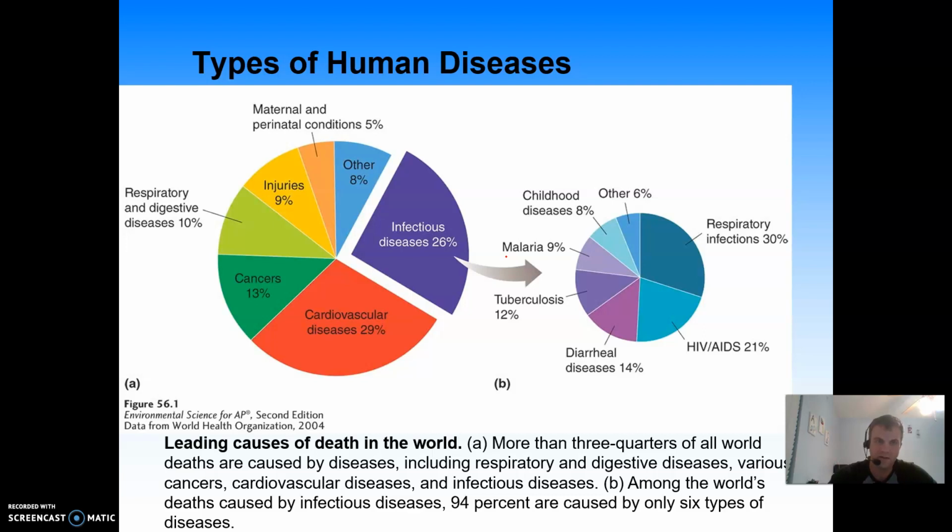A good amount of the infectious diseases that we see are respiratory infections. That's what we're seeing currently with COVID-19. You can see HIV/AIDS as a big one. Diarrheal diseases are a huge issue in developing LEDCs. You've got tuberculosis, malaria, which I'm sure you've heard a lot about, and then childhood diseases, and then other ones.